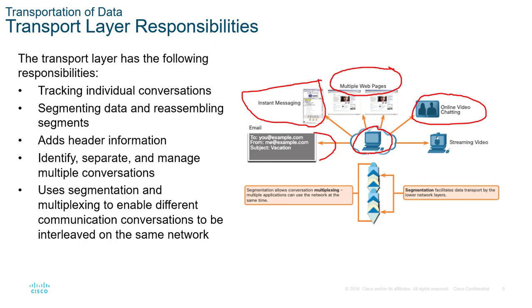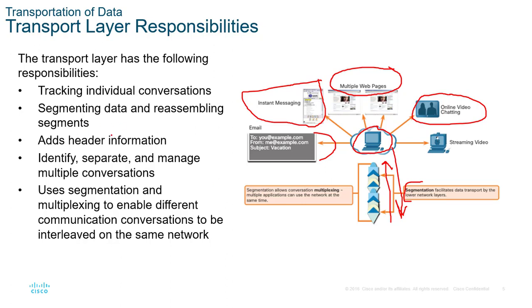Multiple tasks are being simultaneously managed, and that data stream that goes to the network is being segmented. So the computer has to identify and track these different conversations as they leave and come back to the computer. And this is the job of the transport layer.